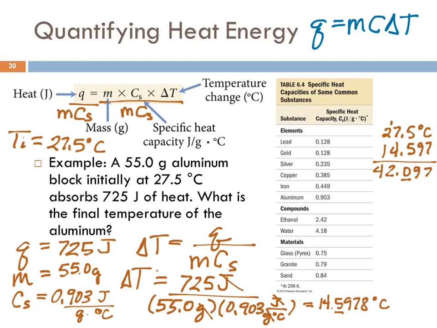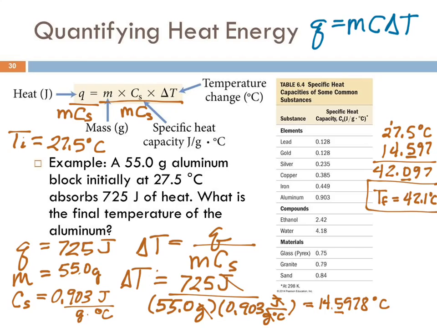It's the 0. Because this temperature was to the nearest tenths place, and so this will also be to the nearest tenths. This one was to the nearest tenths as well, and so they all just kind of lined up really nice. And so the final temperature is equal to 42.1 degrees Celsius. Any questions?